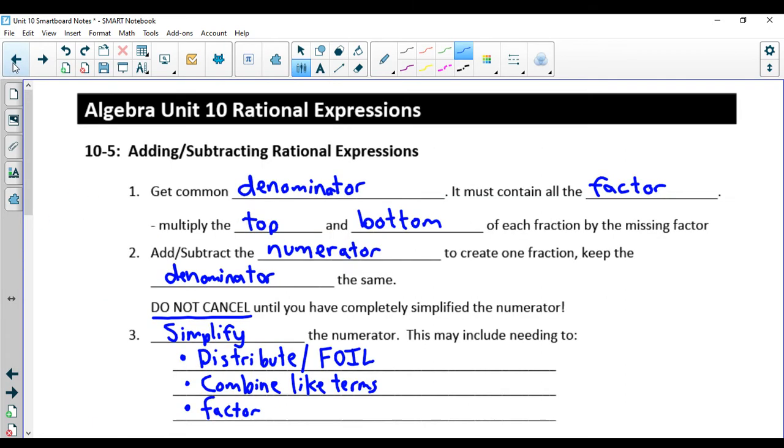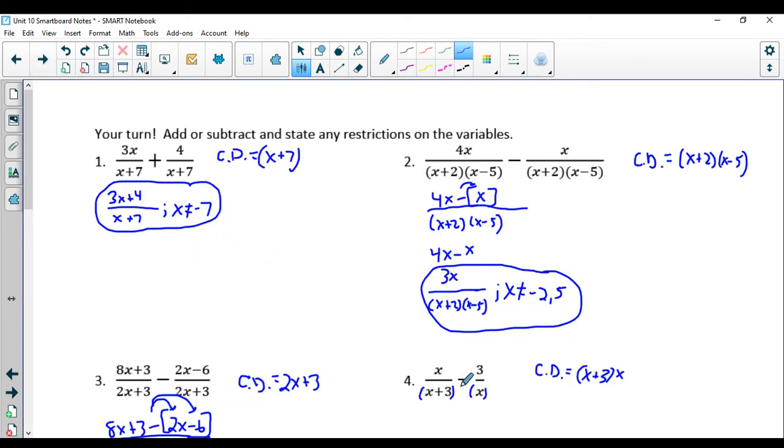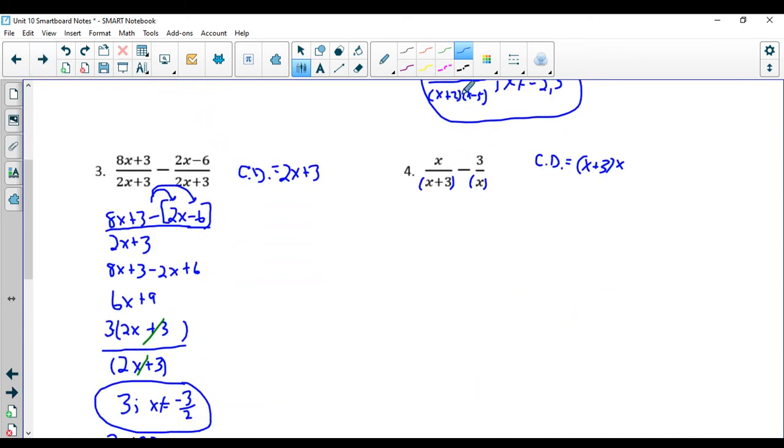So we know our common denominator. Then it says we multiply the top and bottom of each fraction by the missing factor. For number 4, it has the x plus 3, but it is missing which factor? We're missing the x, so we multiply top and bottom by x. For the second fraction, it has the x, but it's missing the x plus 3, so we multiply top and bottom by x plus 3.